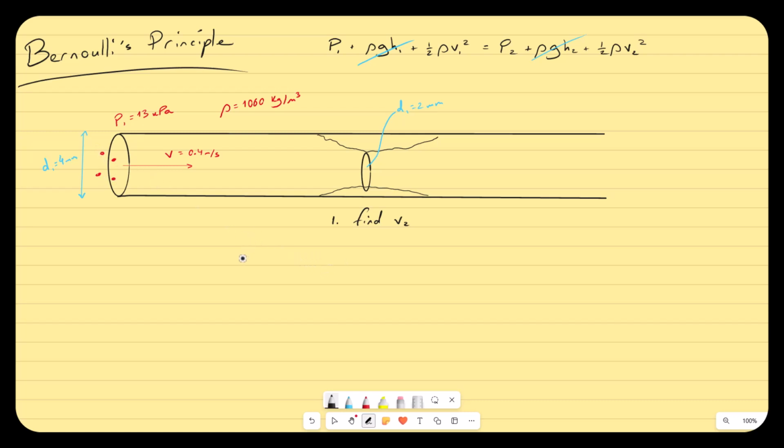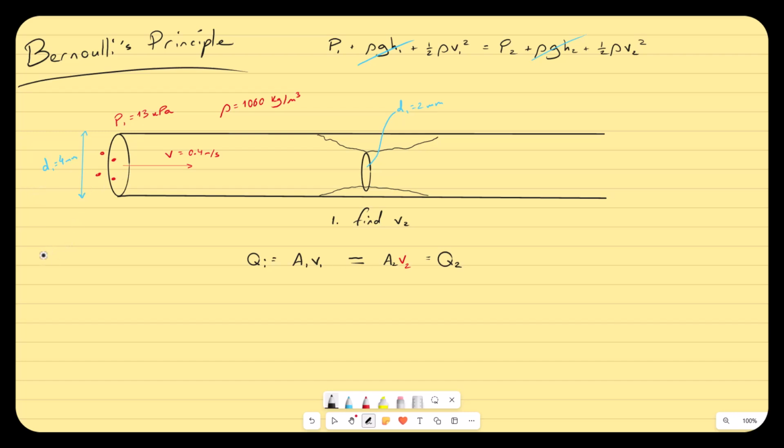Now we have, in the beginning, Q initial is area 1 times V1. Q at 2 is area 2 times V2. And flow rate has to be the same for both. Area: I can take the diameter, turn it into a radius, and then pi r squared this thing.